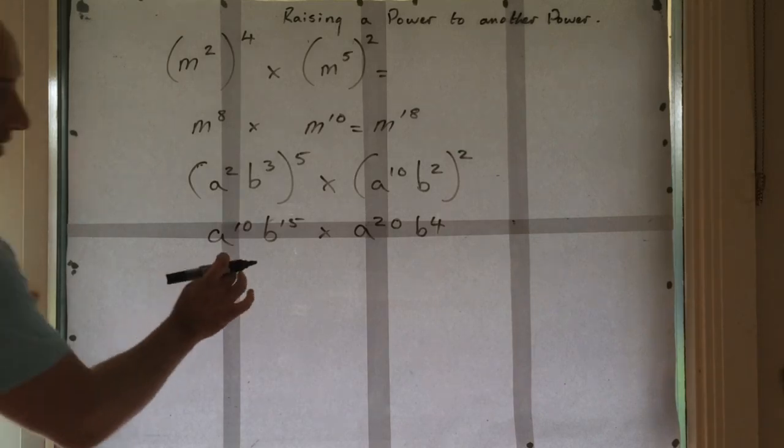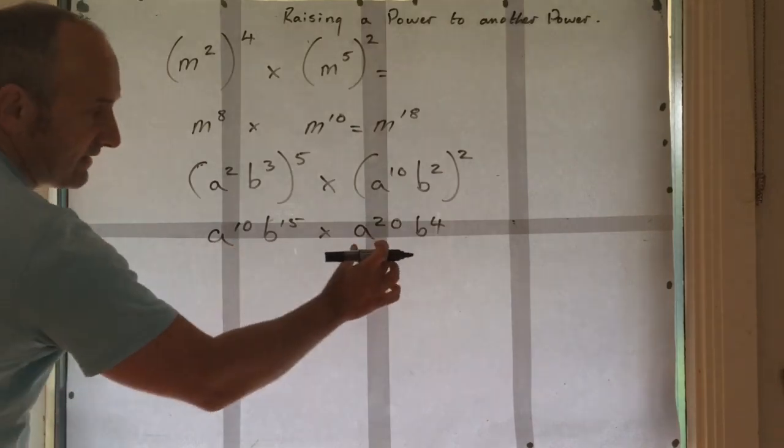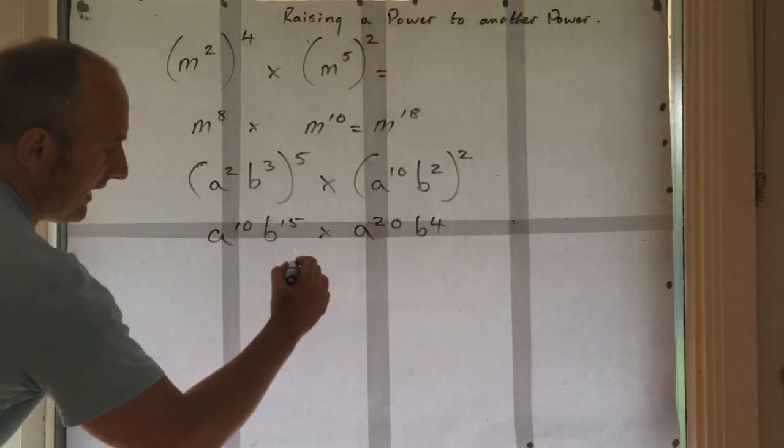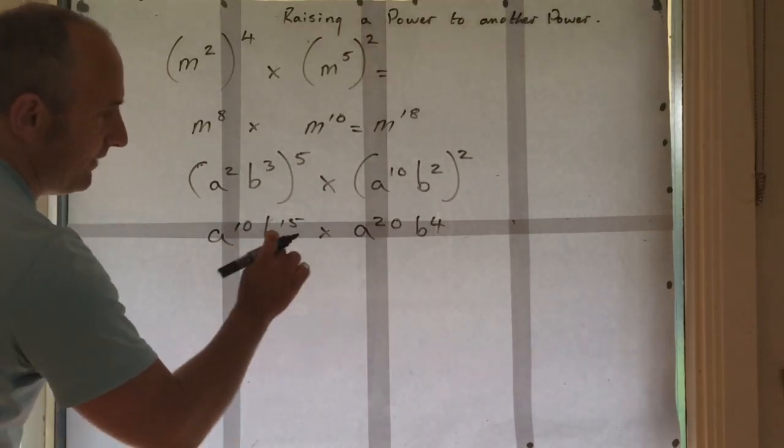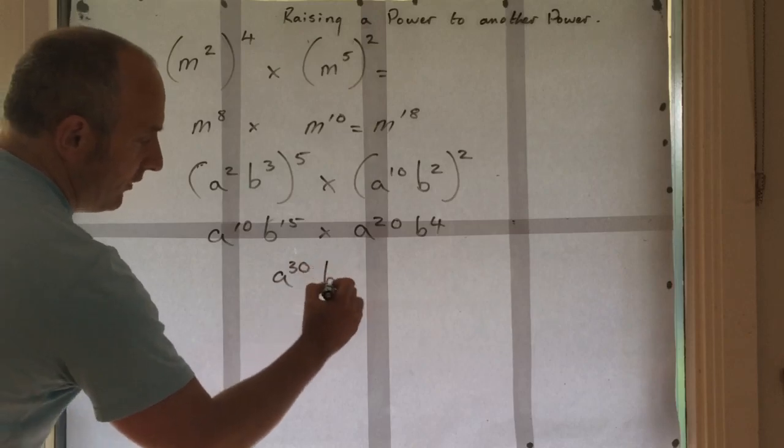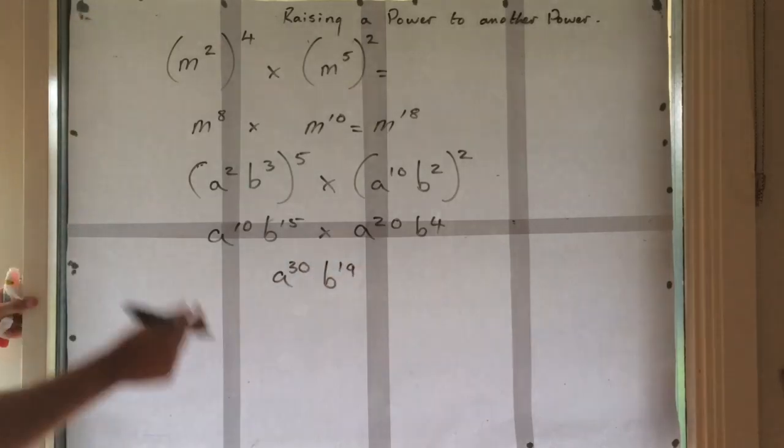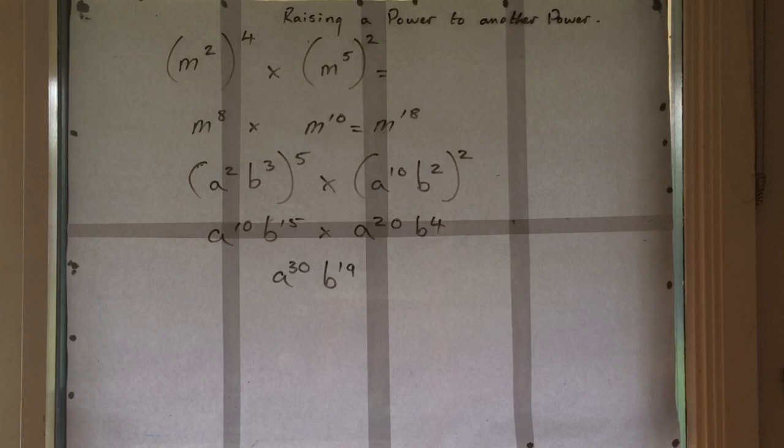Now, can we do anything with this? A to the 10 times a to the 20 is a to the 30, and b to the 15 times b to the 4 is b to the 19. Okay, just see if there's anything else that we might be doing. No, that's it for this week.